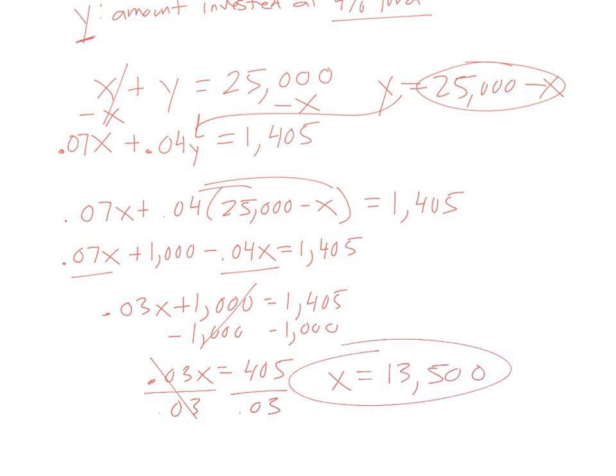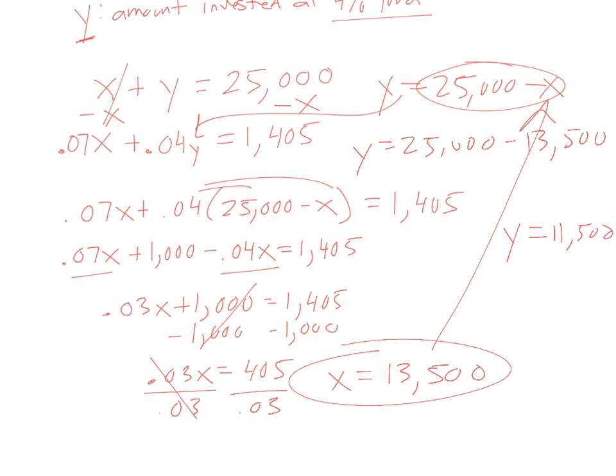That's a key value. Now I want to figure out y, so I just plug it in up here. I get y is equal to 25,000 minus 13,500, and y is equal to 11,500.